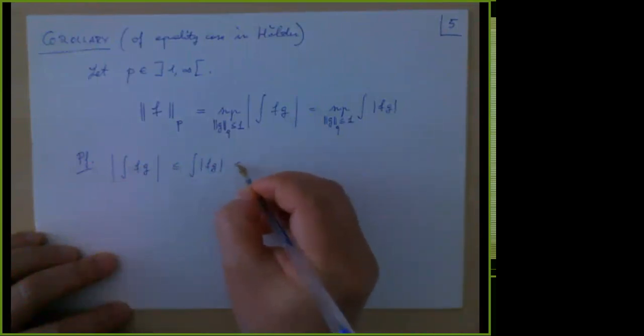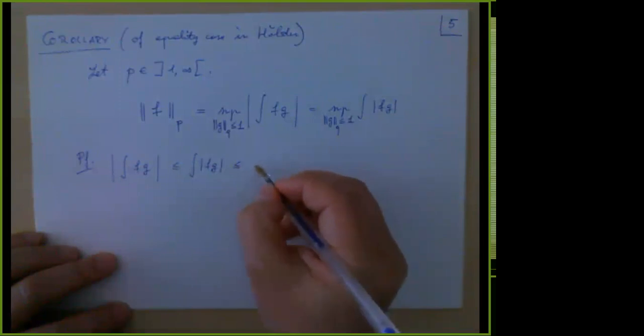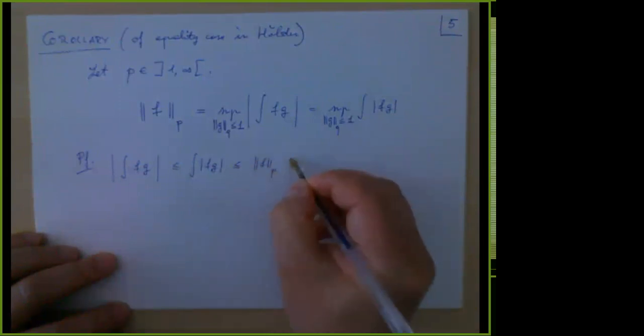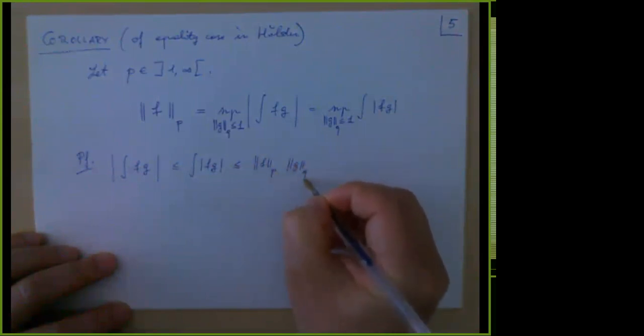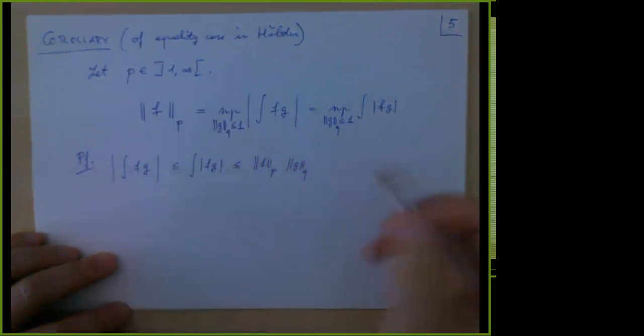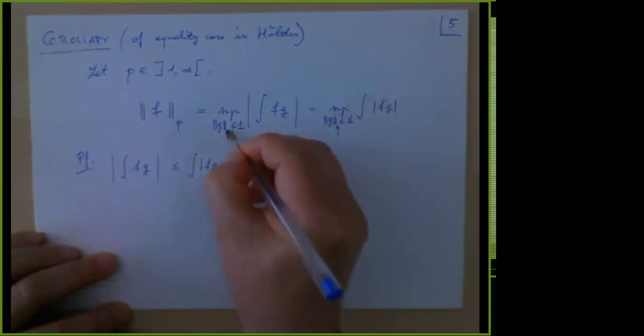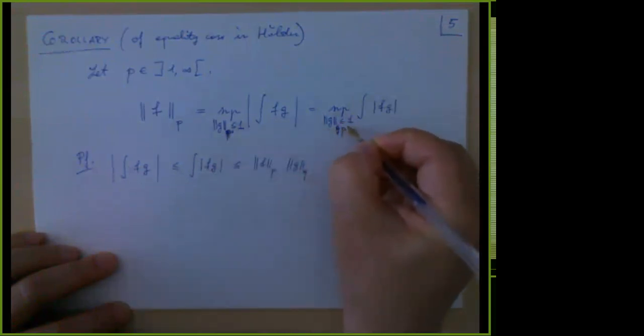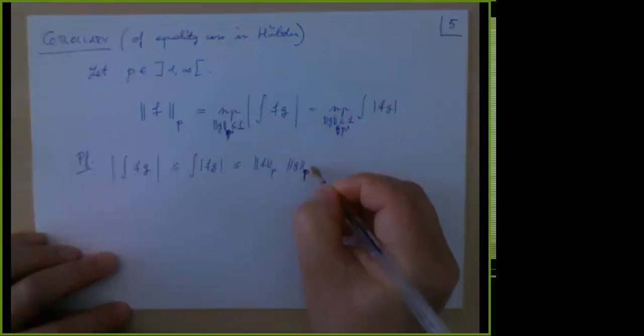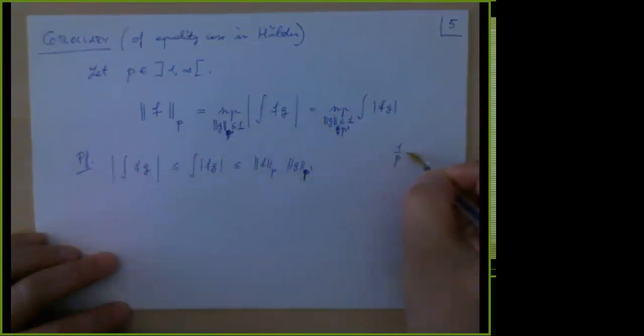And now we apply the Hölder's inequality, which says that this will be less or equal than ‖f‖_p ‖g‖_q. Well, okay, I should have written p prime, sorry. Let me write p prime then. Remember that again we use this notation.